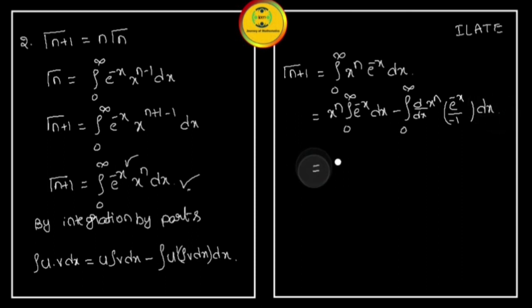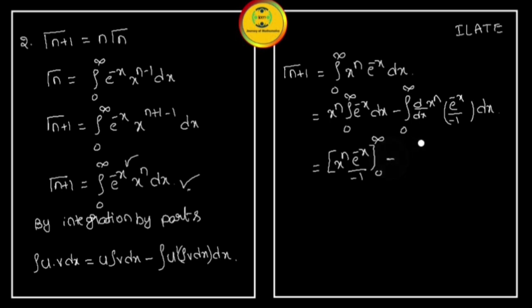So this one is equal to x power n e power minus x having the limits 0 to infinity, because the integration of e power minus x is e power minus x divided by minus 1, because the x coefficient is minus 1, so I have to divide by minus 1. Integration of e power ax is nothing but e power ax by a.